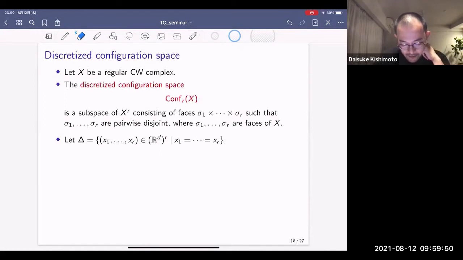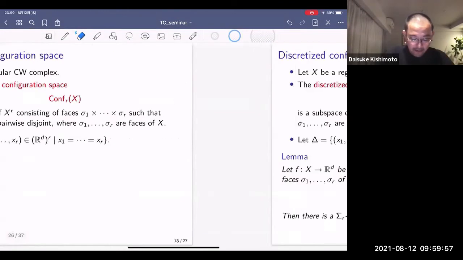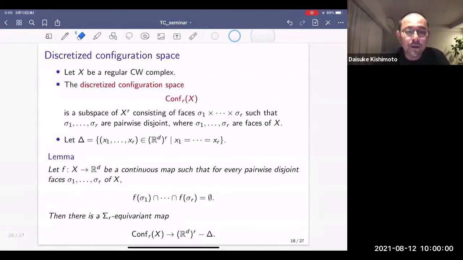We let delta denote the diagonal set of (R^D)^R. Then we have this lemma.